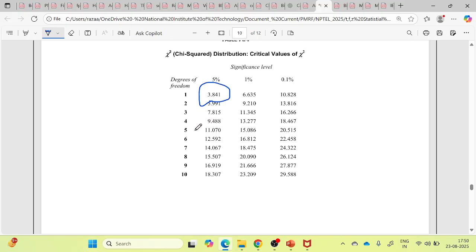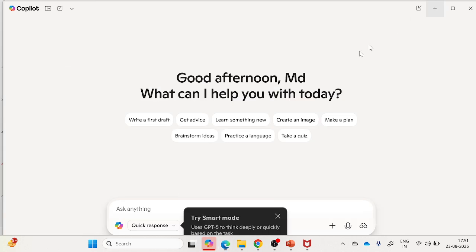We have the 5 and significance level of 0.01, 15.066, 15.086.